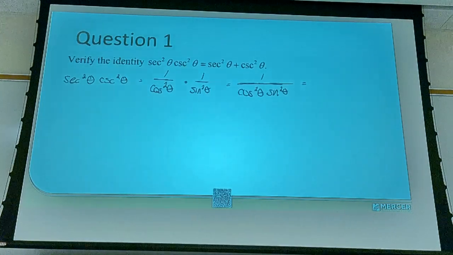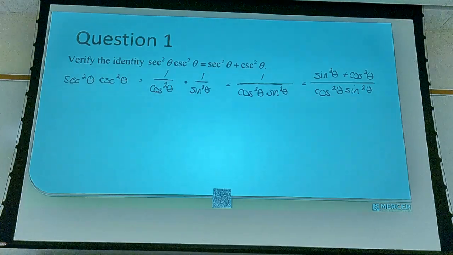But if you're really clever, and if you're familiar with the techniques of math, rewrite 1 using the Pythagorean identity: sine squared plus cosine squared equals 1.